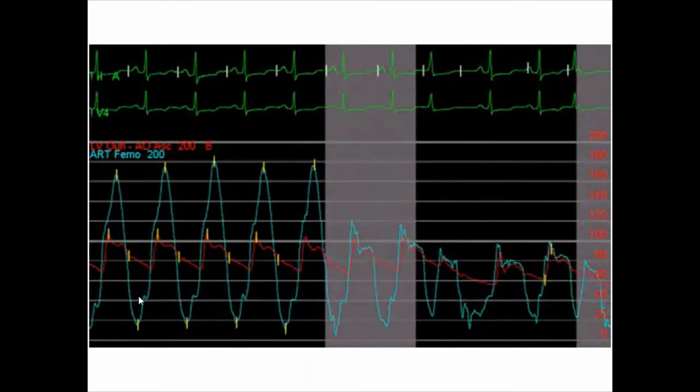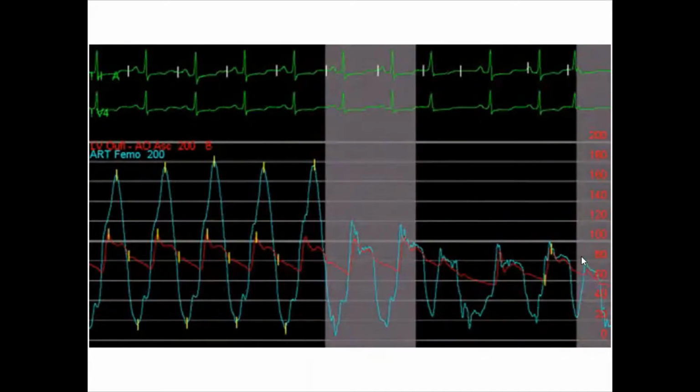So the blue one is the LV. And the red one is around 100 over 70.